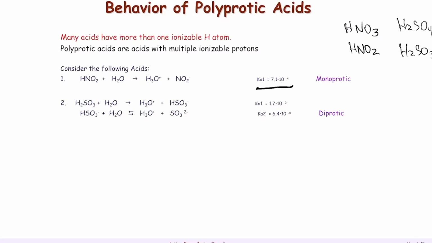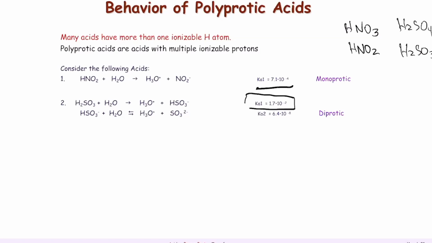Di meaning two, protic meaning releases two hydrogens. If it's a diprotic or polyprotic acid, then first the sulfurous acid gets rid of one hydrogen only. And it does that to the tune of 1.7 times 10 to the minus 2.